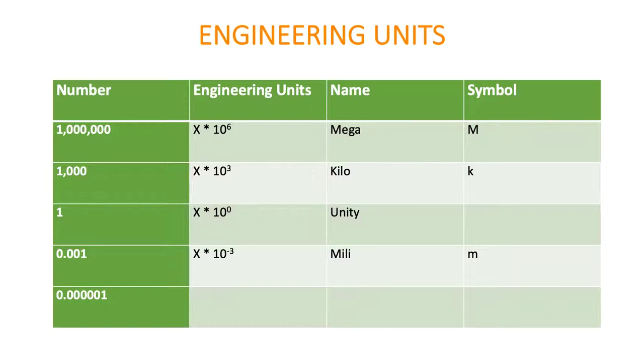They often think, oh, milli, that must be millions. No, unfortunately, milli is thousandths. So a milliohm is a 1,000th of an ohm, times 10 to the minus 3, and we use a lowercase m as the symbol. The millionth is the micro. So times 10 to the minus 6 is micro.